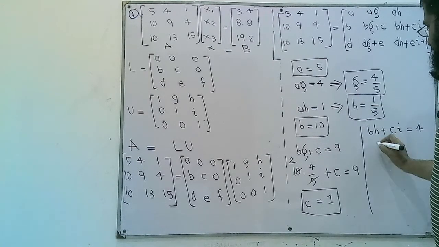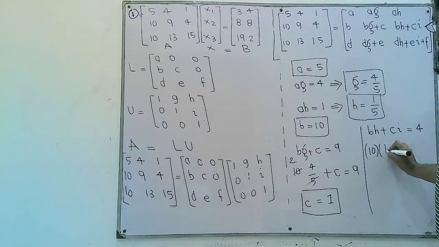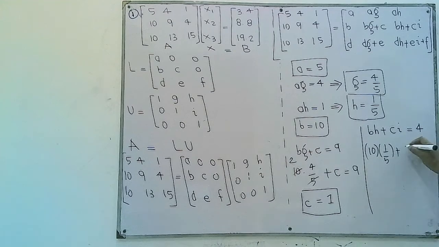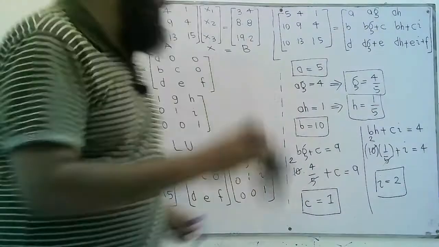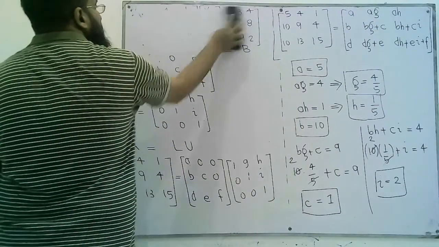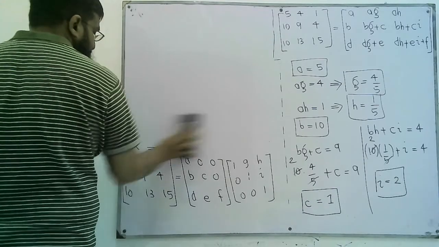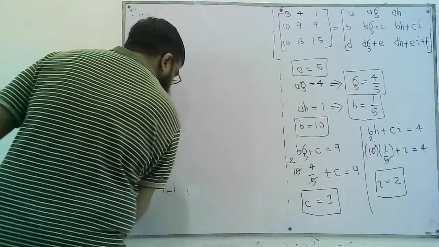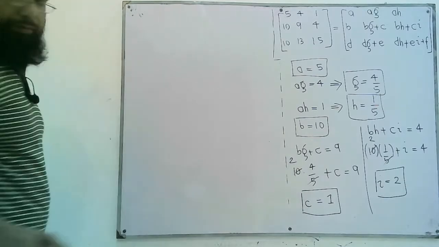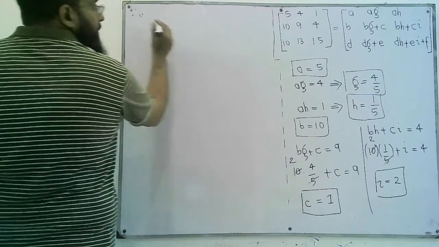B is 10 times H is 1 over 5, plus C is 1 times I is 4. 5 2s are 10, so I is 4 minus 2, it's a 2. And we can go on and find all the elements of L and U matrices, and that will make our life easier, right?